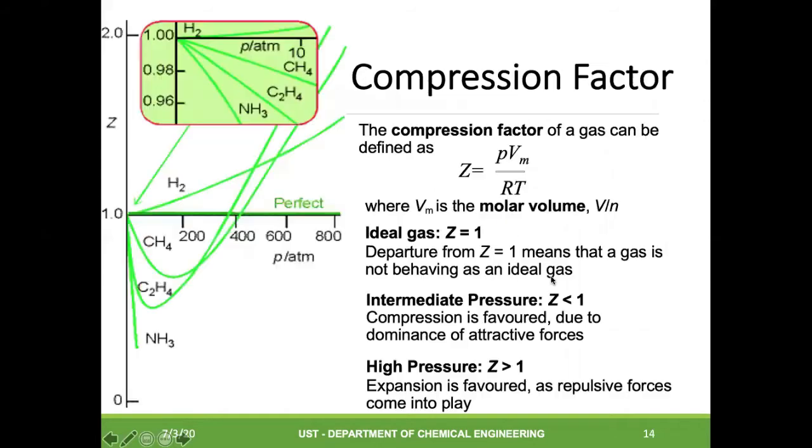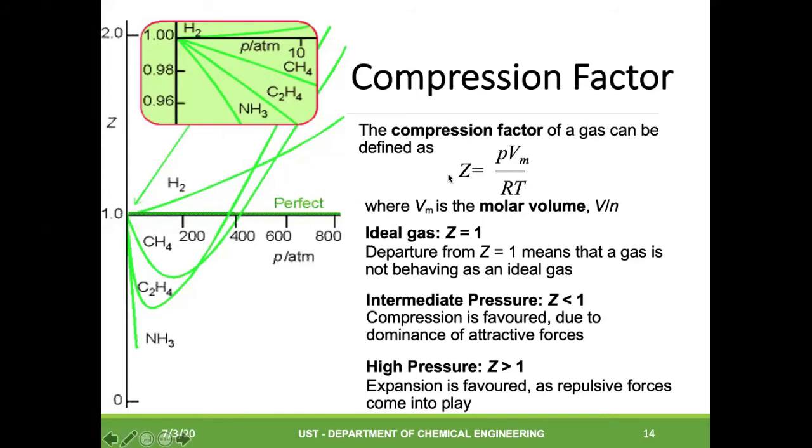Keep in mind that the compression factor is also dependent on pressure. Now let us take a look at the isotherm, or variation of Z with pressure of a certain gas at varying temperature. Recall that the compression factor of a gas can be defined as Z is equal to PVm over RT. This equation was derived from molar volume equal to RT over P, and Z is equal to the molar volume of a real gas over that of an ideal gas.